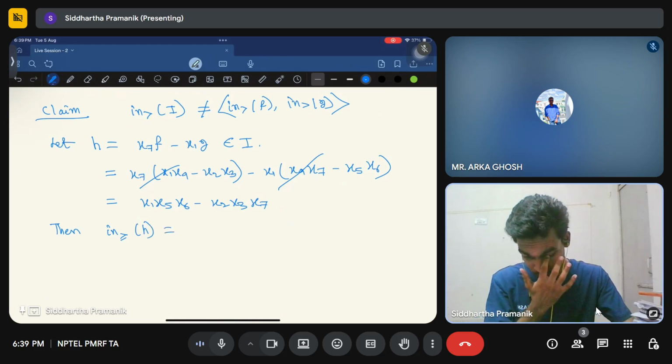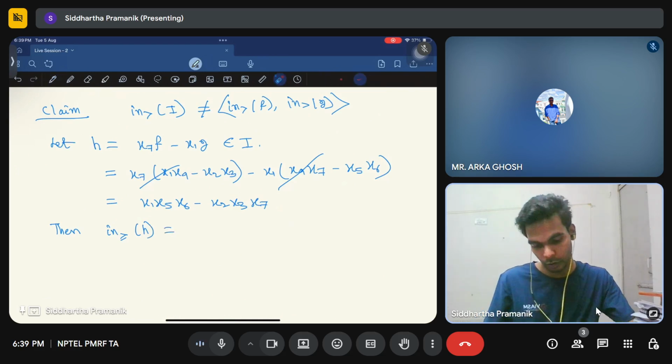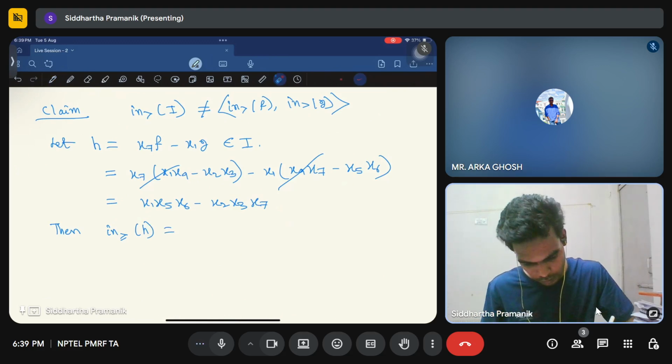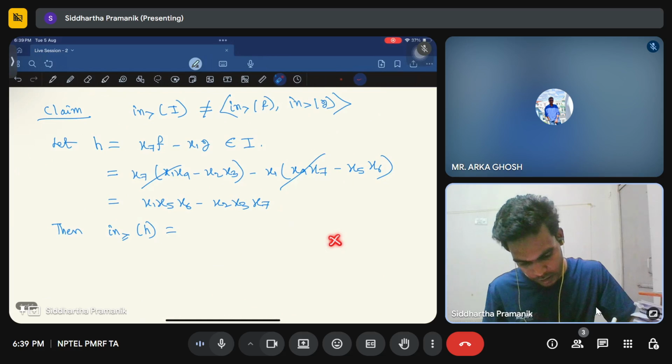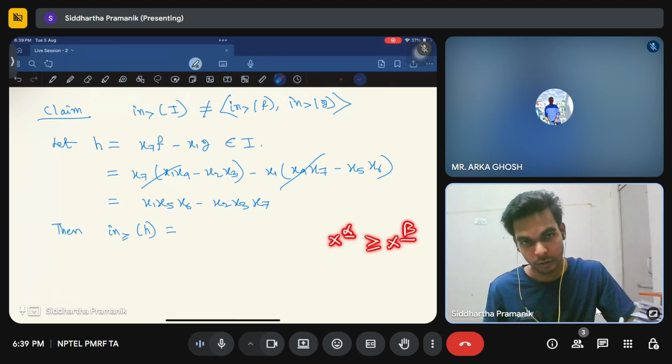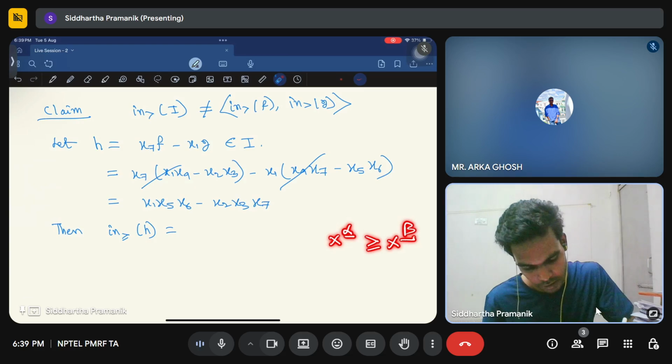So in graded lexicographic order, how do we compare two monomials? Let's say x to the alpha is bigger than x to the beta. So how to compare two elements in grlex?